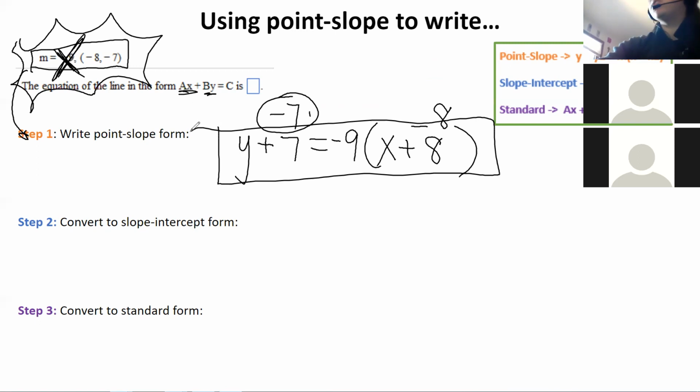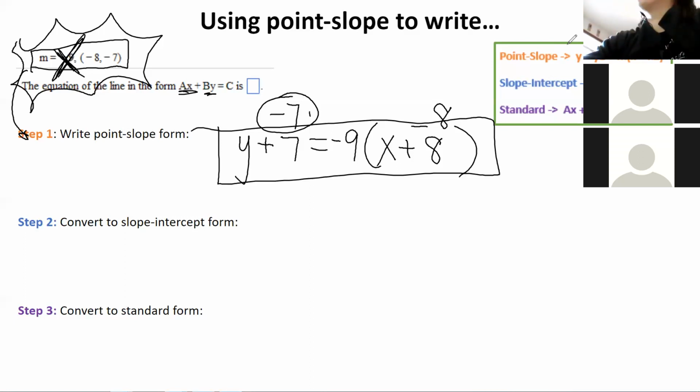Now what do I do to start putting it into slope intercept? What's that first step that we did? It starts with a D. Rhymes with ibute. Distribute. Beautiful.